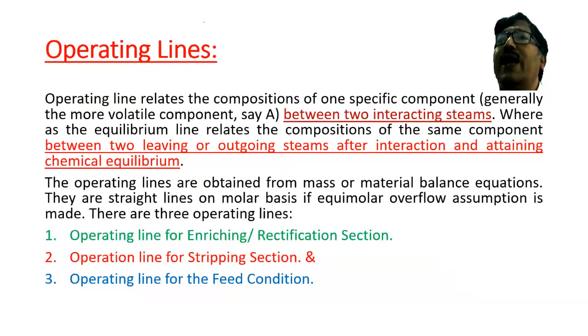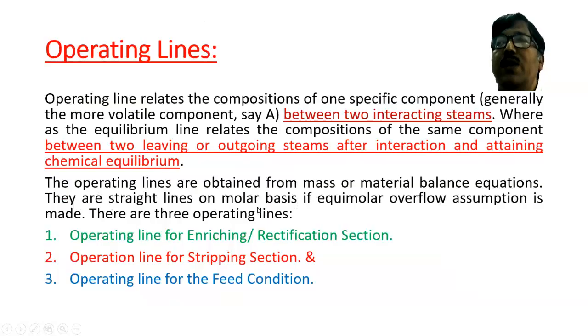Whereas the equilibrium lines relate the composition of the same component between two leaving streams after interaction and attaining chemical equilibrium. The operating lines are obtained from mass or material balance equations.